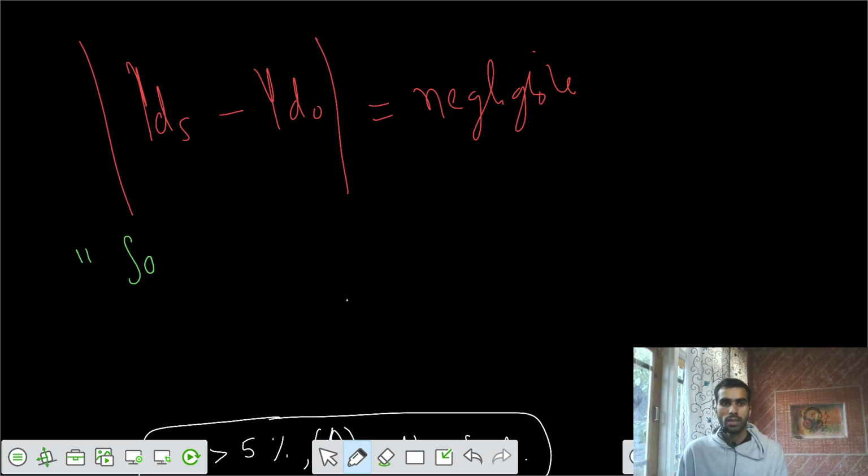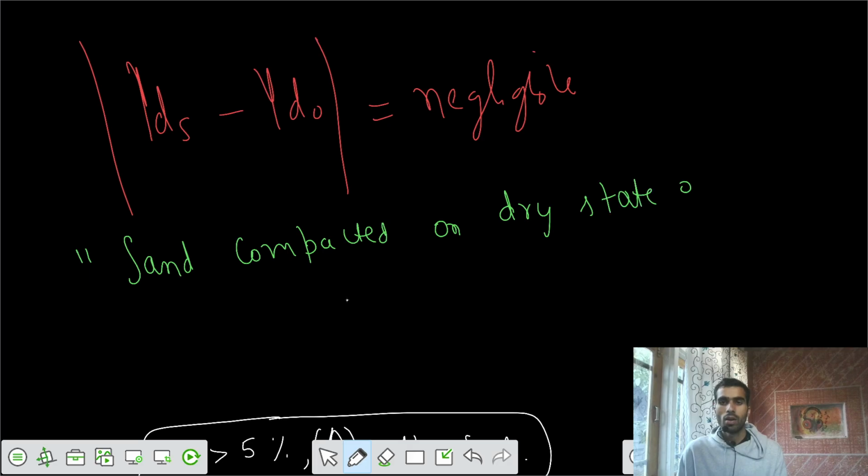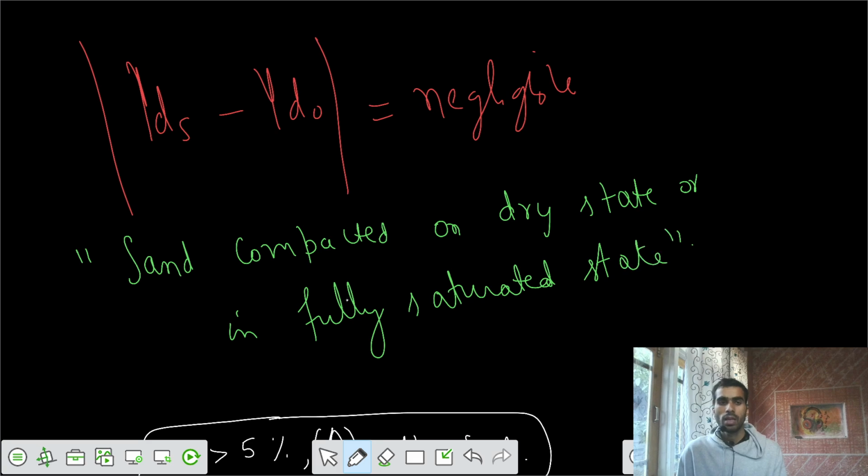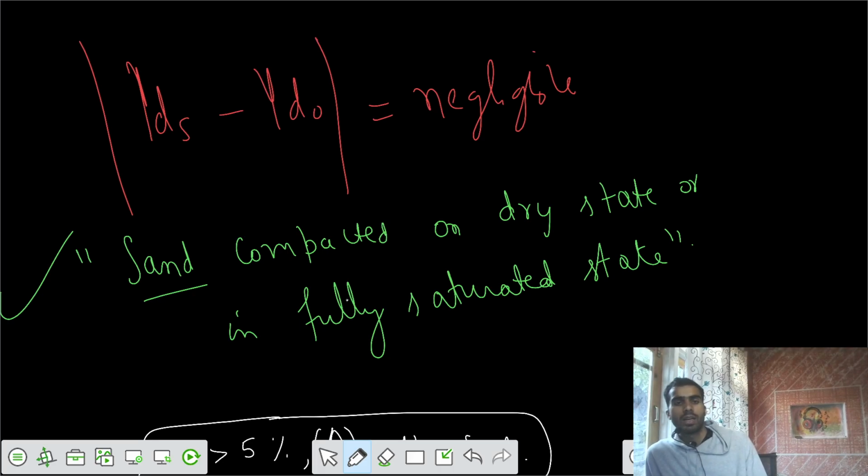Sand is compacted either in dry state or in fully saturated state. But what about the clays?